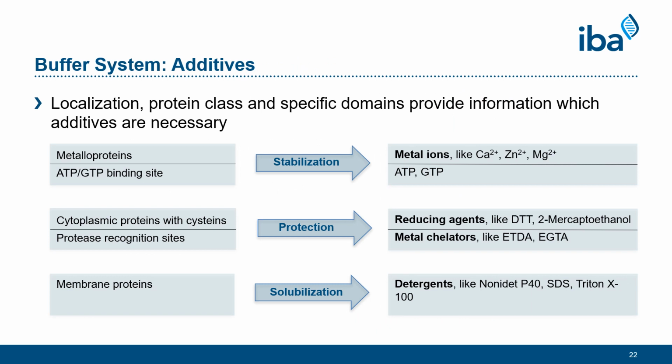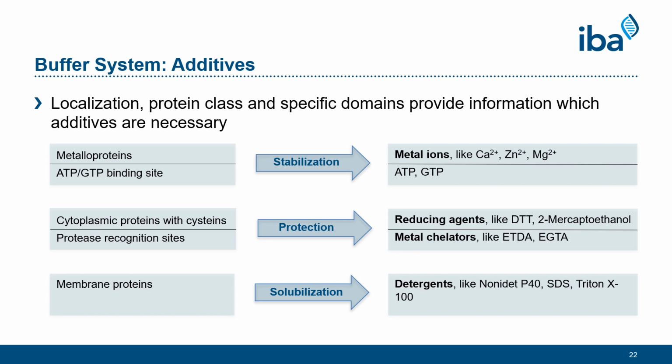After the selection of the buffer system, you should think about additives which stabilize your protein, protect it, or make it soluble. Therefore, you need information about the localization, protein class, and specific domains because they can help to select the necessary additives. For example, metalloproteins need metal ions, or proteins with an ATP binding site need ATP to be stable.